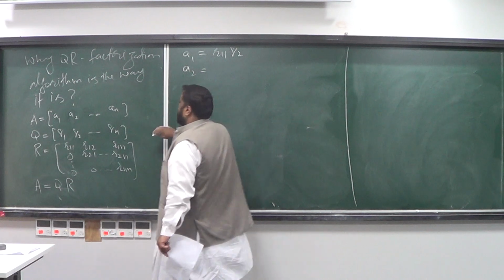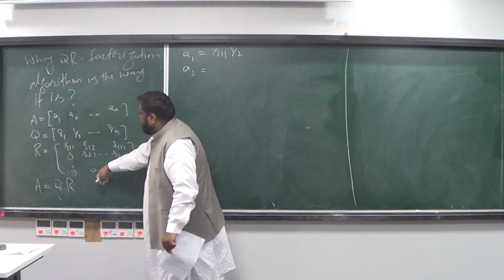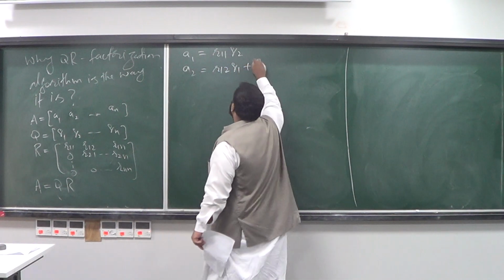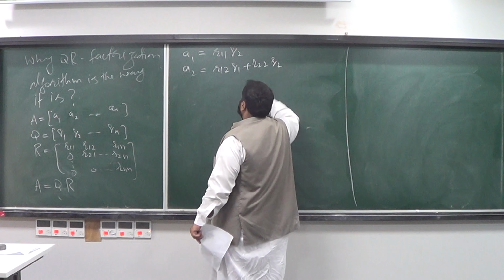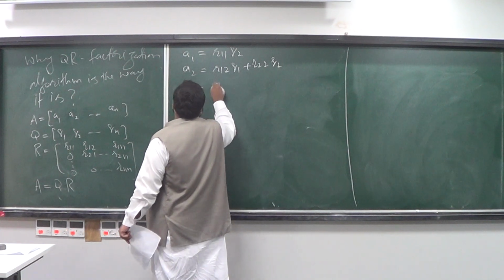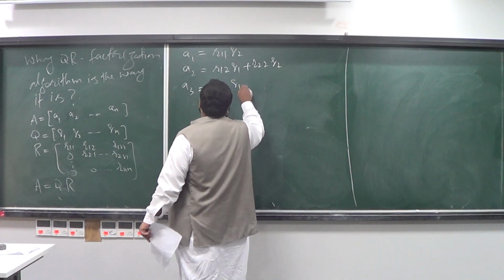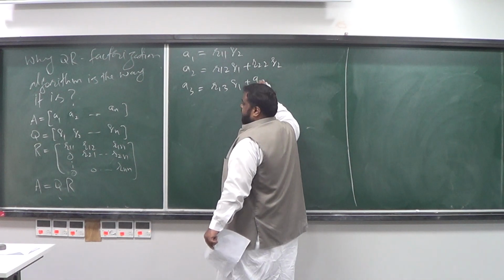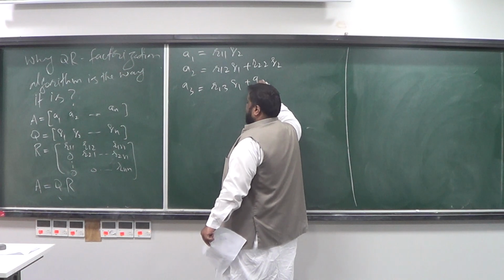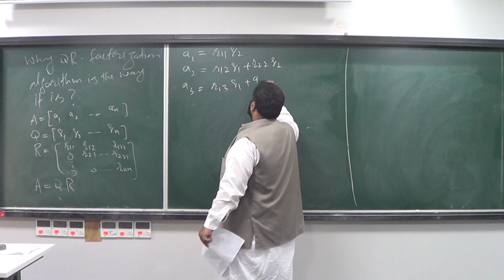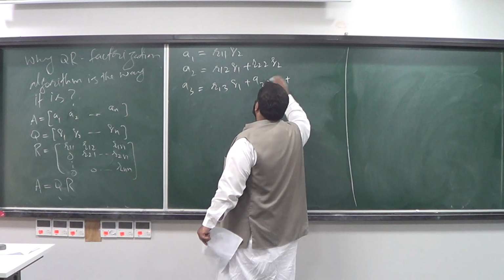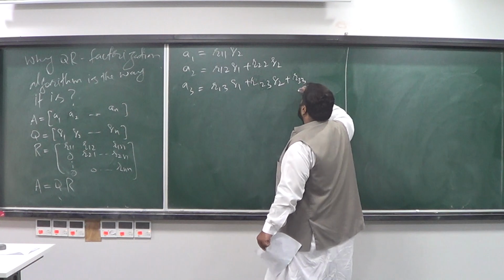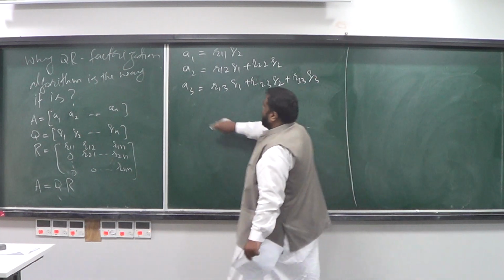Take this vector and multiply with the second column: R12 Q1 plus R22 Q2. And A3 is going to be R13 Q1 plus R23 Q2 plus R33 Q3, and so on and so forth.